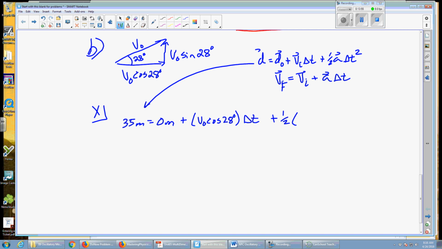What is the condition for something to be a projectile? Influenced only by gravity. What direction does gravity act in? Downward. So how much of gravity points horizontally? None. So how much of its acceleration would be horizontal? 0.